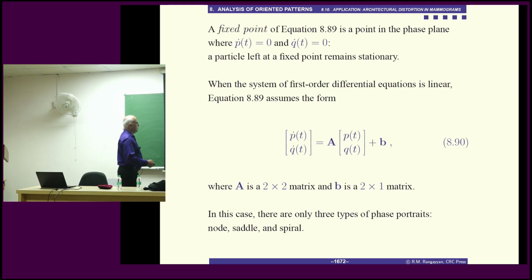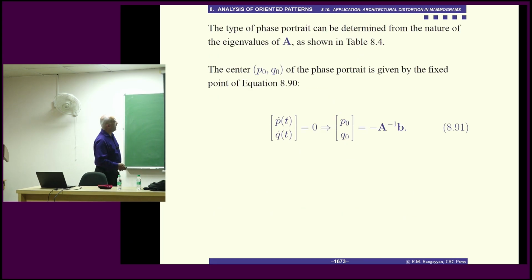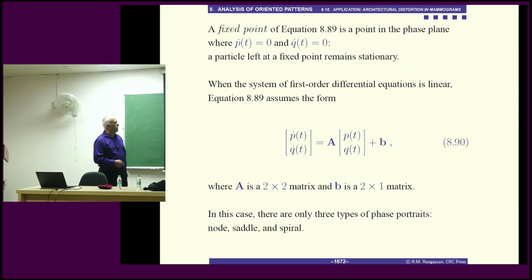In the linear case, there are 3 possibilities for the phase portraits: node, saddle, and spiral. The center of the phase portrait is given by the fixed point. So if you set that to 0, P naught, Q naught will be minus A inverse B. The problem here is, given this derivative information, you want to find A and B, those are the model parameters, through some optimization procedure.